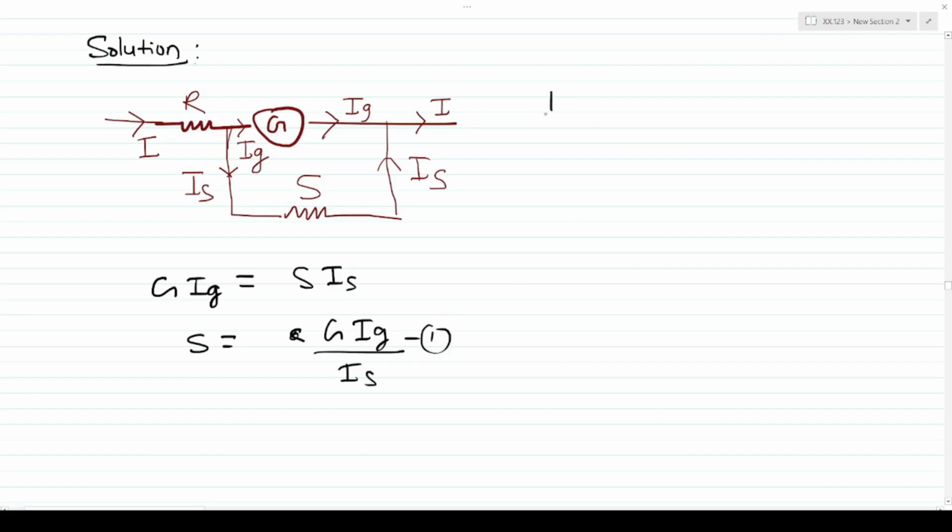From figure, Ig plus Is equals to I. Therefore, Is equals to I minus Ig.